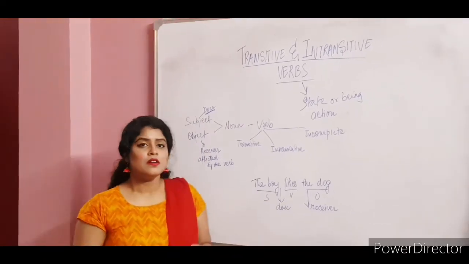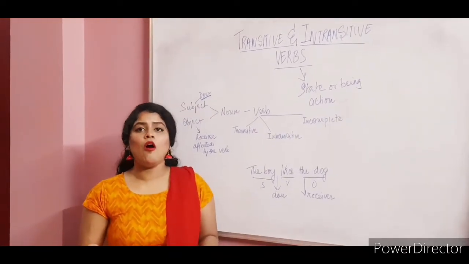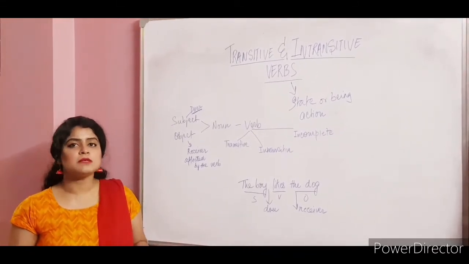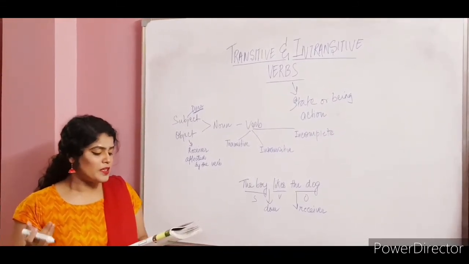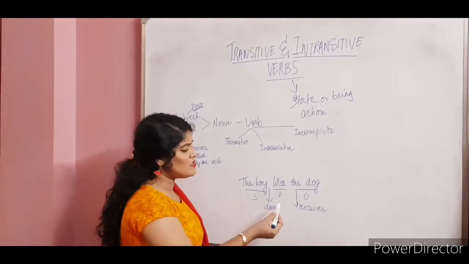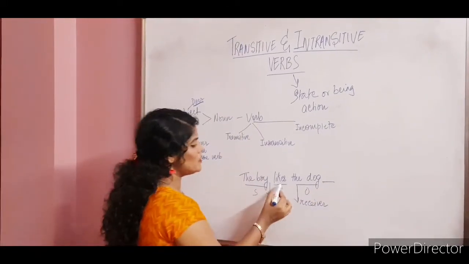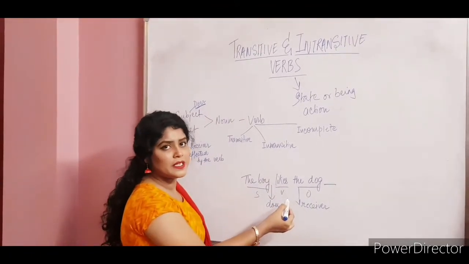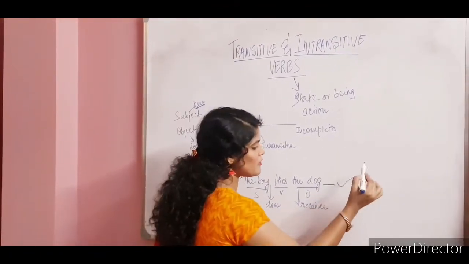Now, many times it may happen that all verbs do not require objects to complete their meaning. For example, in this sentence, the boy likes, the verb needs an object to complete its meaning. So the object has been affected by it.